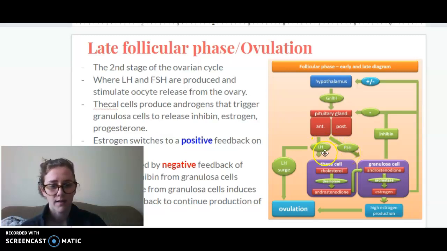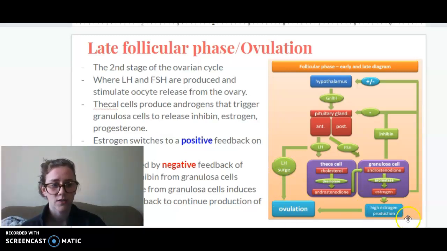Specifically, LH production increases dramatically, and this is called the LH surge, and this stimulates the beginnings of ovulation. FSH doesn't increase as much because it is blocked by the negative feedback from the release of inhibin in the granulosa cells, and progesterone plays a role by inducing a positive feedback that will continue the production of LH.